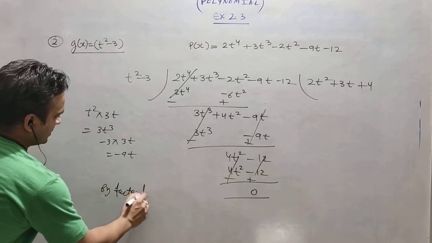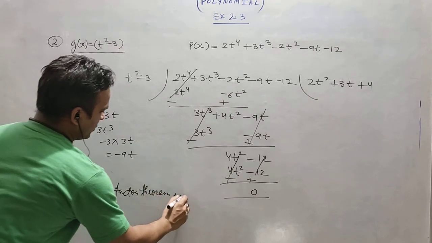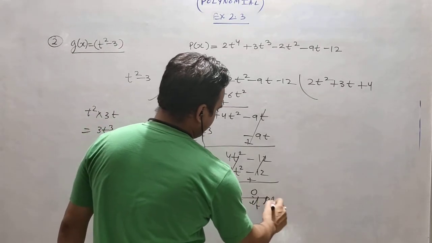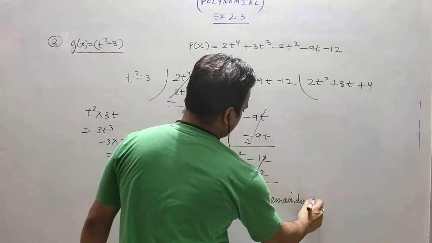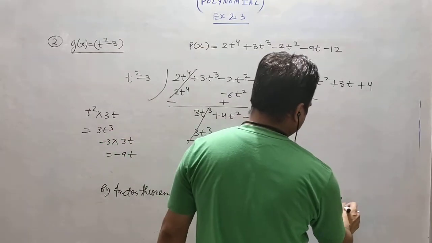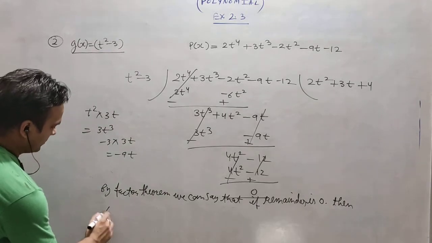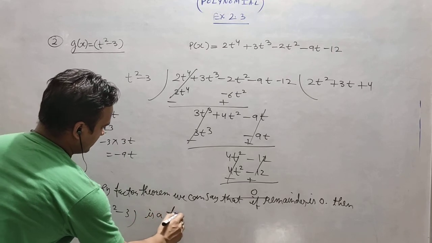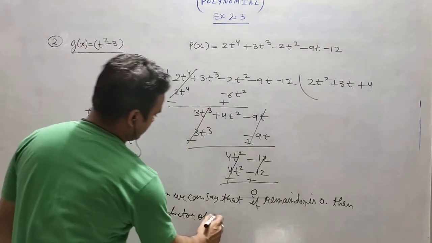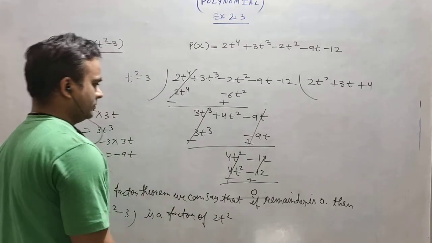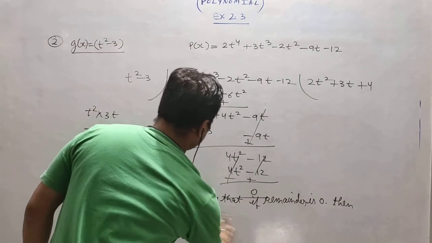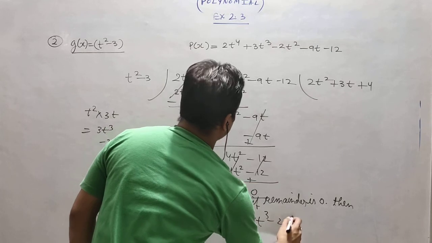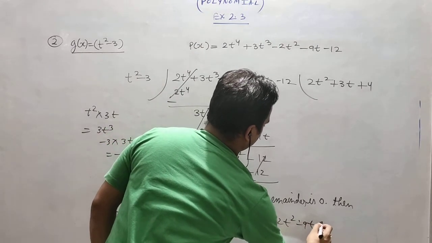You can write like this, by factor theorem we can say that if the remainder is 0, then t square minus 3 is a factor of 2t raised to the power 4 plus 3t cube minus 2t square minus 9t minus 12, meaning you will write the polynomial whatever it is given, right? So we will not waste our time here.